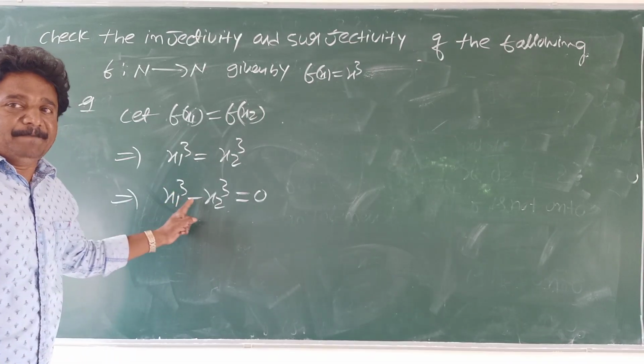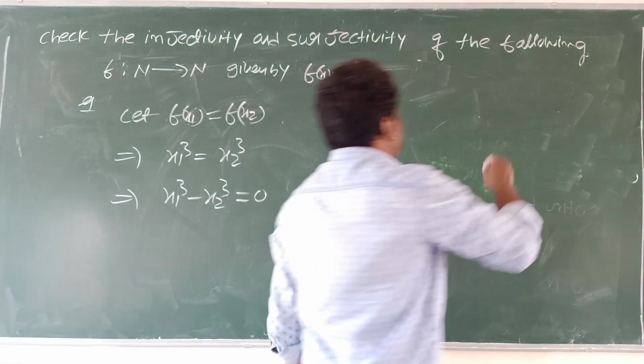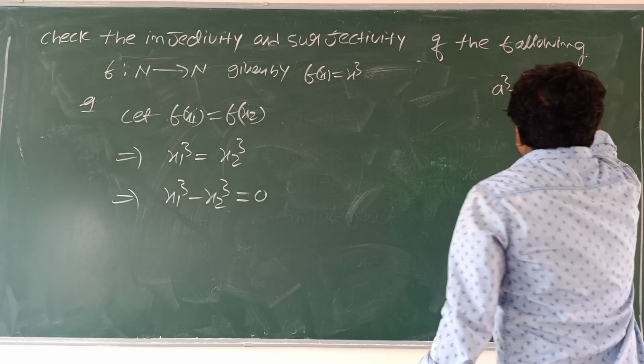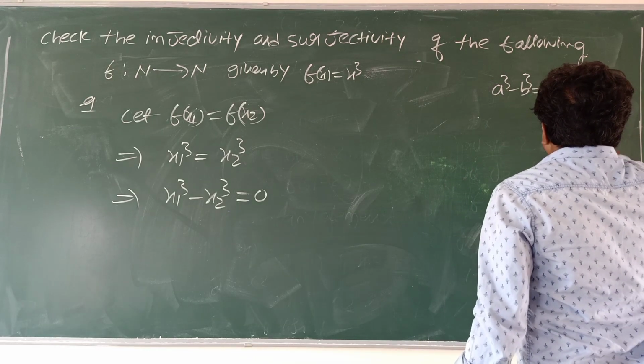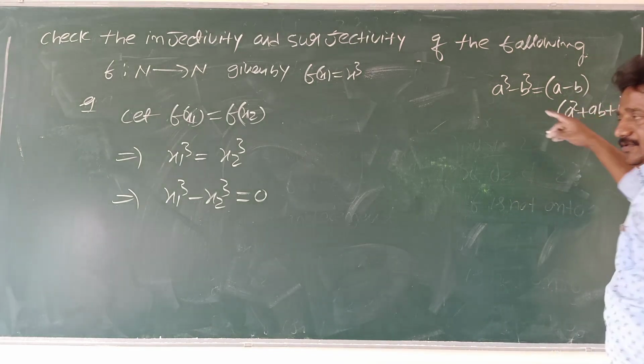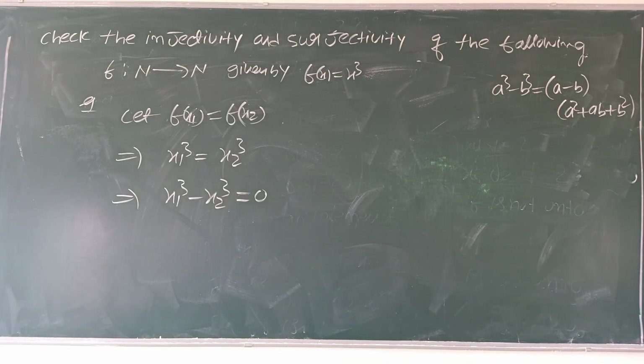a cube minus b cube. Tell me the formula. That is (a minus b) into (a square plus ab plus b square). This formula is useful.